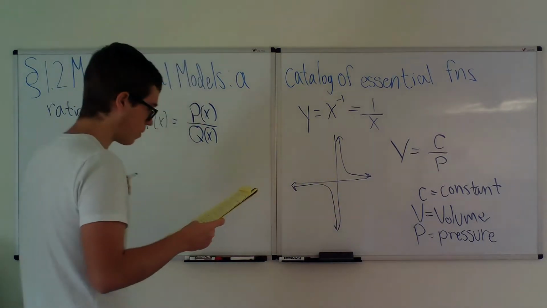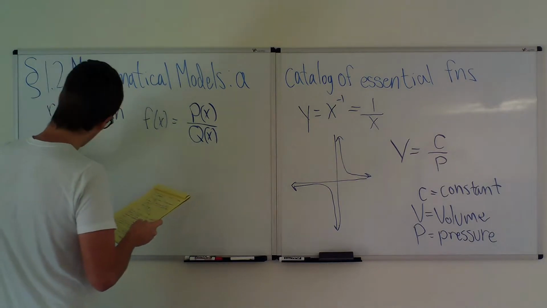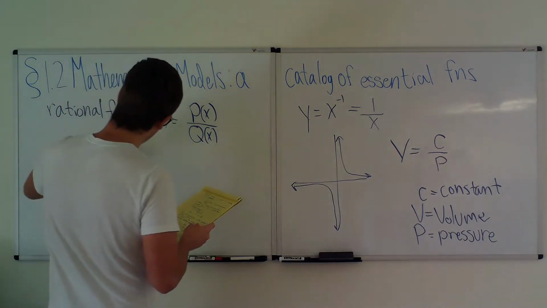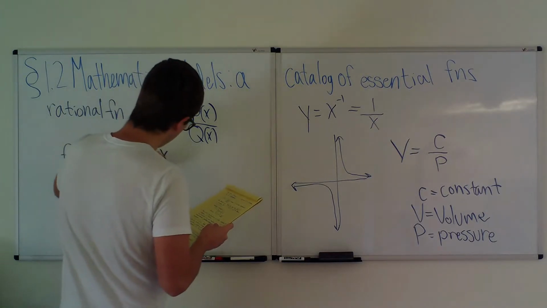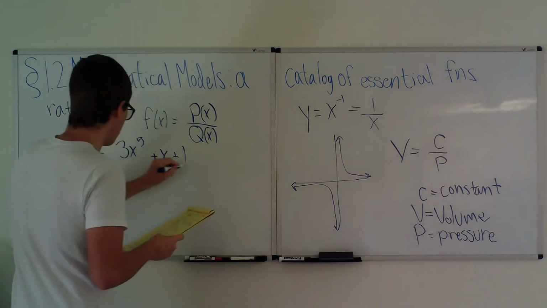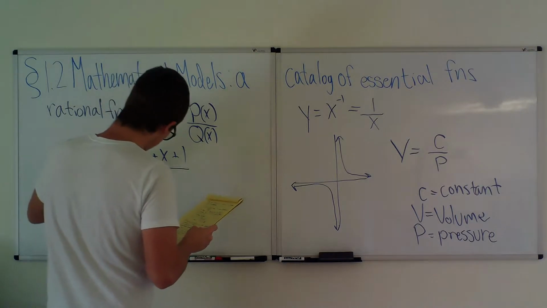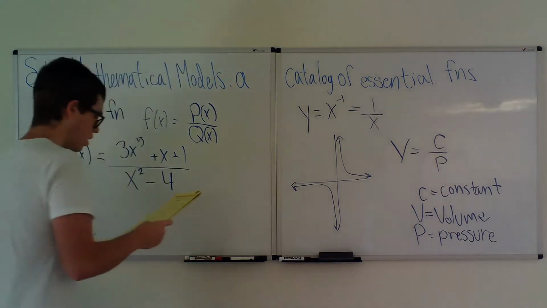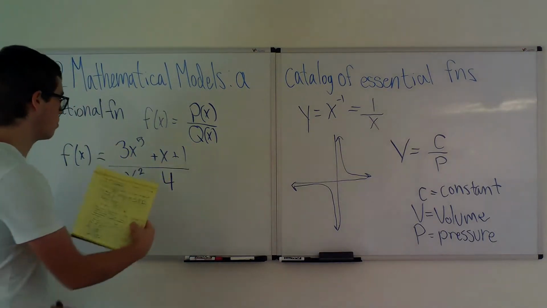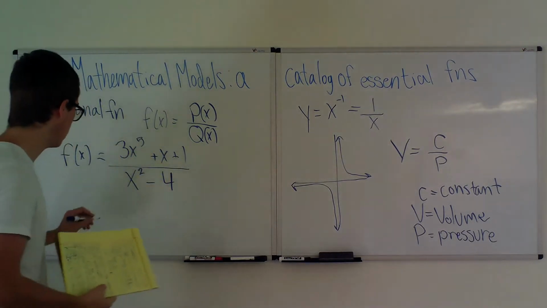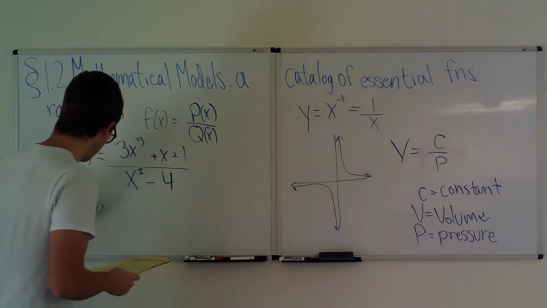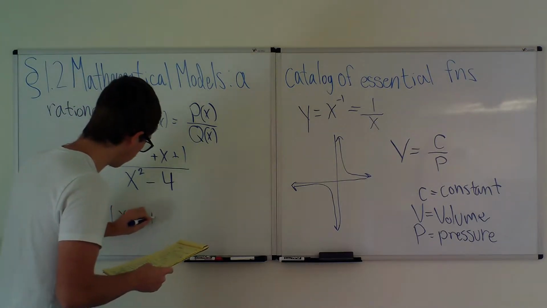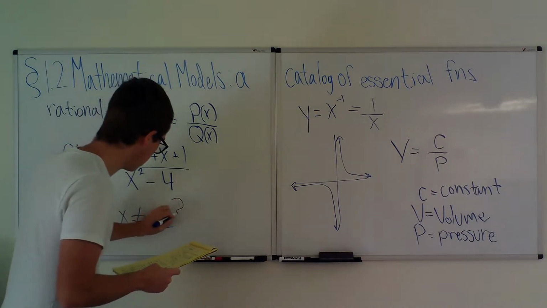So an example of this is f of x is equal to 3x to the 5th plus x plus 1 over x squared minus 4. So now its domain, because the bottom cannot equal 0, is going to be x cannot equal plus or minus 2.